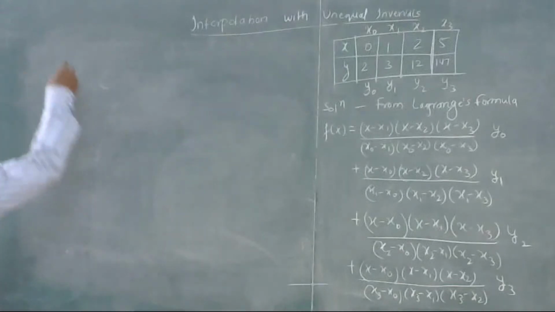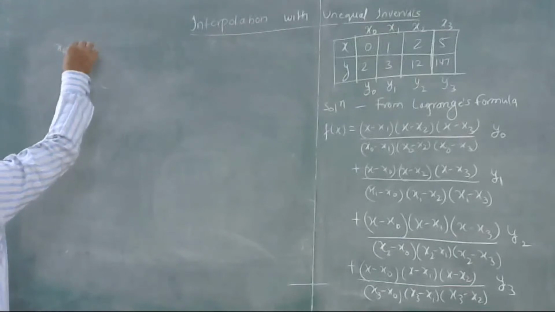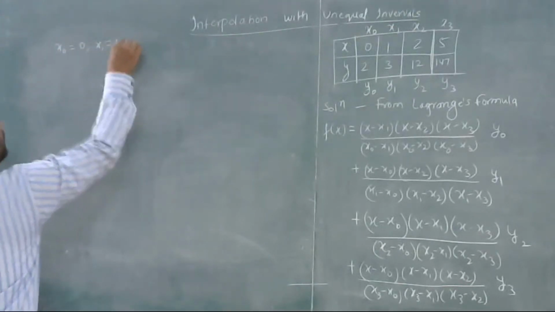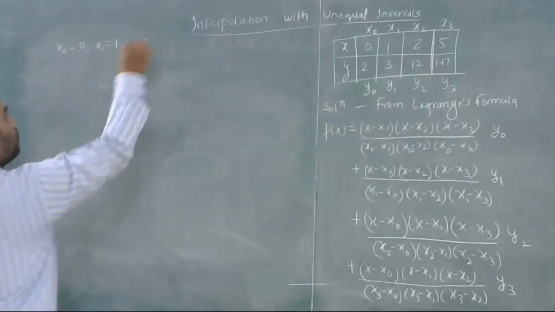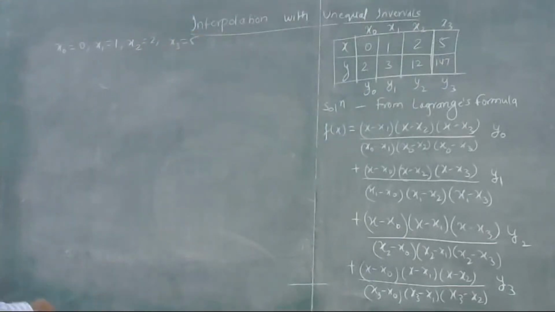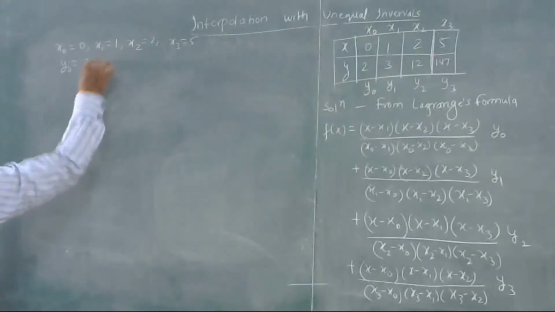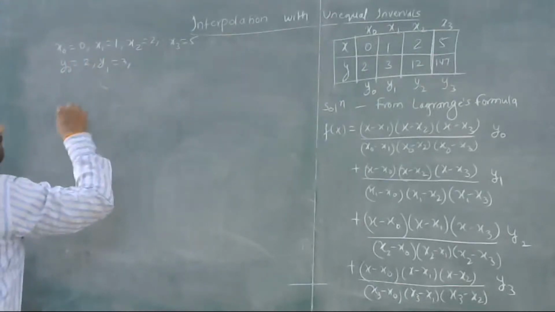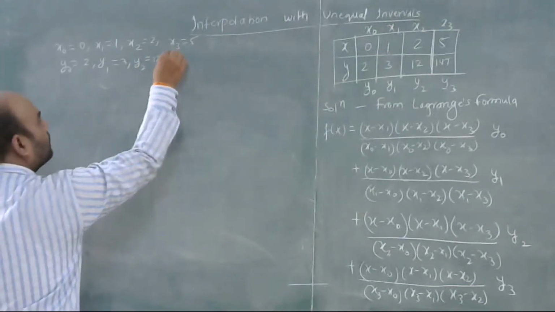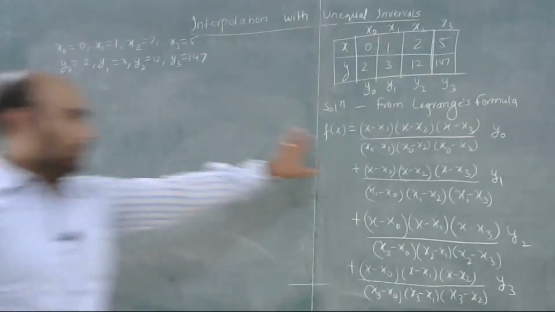From the table it is clear x0 is equal to 0, x1 is equal to 1, x2 is equal to 2, and x3 is equal to 5. Similarly, y0 is equal to 2, y1 is equal to 3, y2 is equal to 12, and y3 is equal to 147. Now substitute these values here.